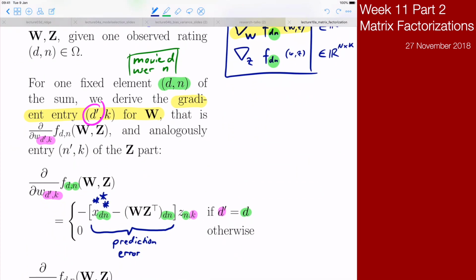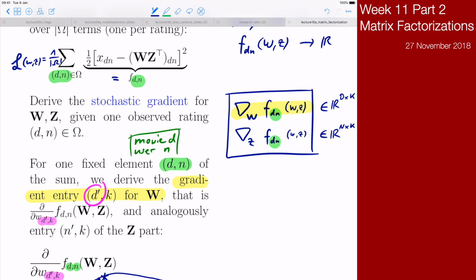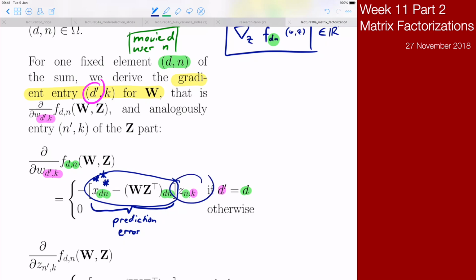Okay, so you will certainly agree with me that the derivative of the square is this part. And now I need to compute the derivative of the inner part, and that one I claim is just the other variable. So that's the other part here, the z.